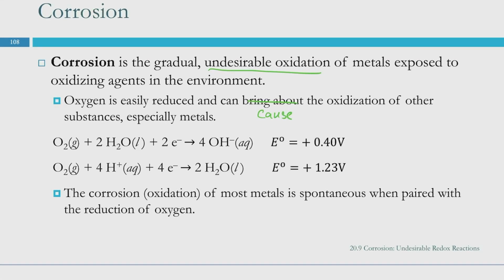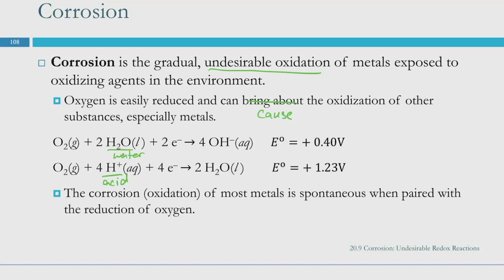We've got two reduction reactions, one with water, one with acid, H+. And we can see that the one with acid has a much higher standard electrode potential, so 1.23 volts instead of 0.4 volts.